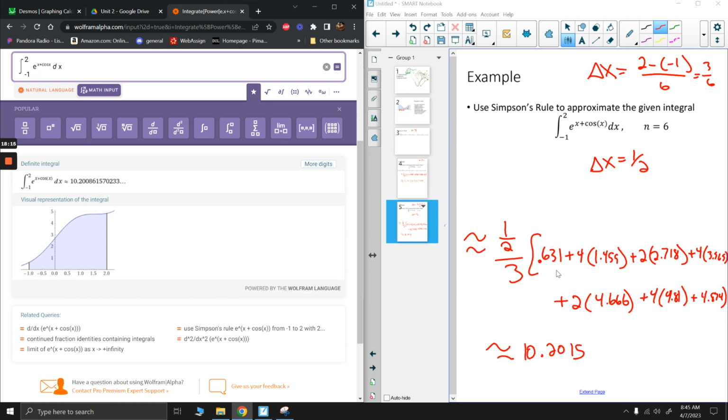And again, we're not even taking this very far. Like n is 6, that's not very many. Anyway, so that is our Simpson's rule. And again, Simpson's rule is an accurate way to approximate things. It's not insanely accurate, but it's pretty darn good. And in many cases, it's good enough for many applications in the real world, honestly.